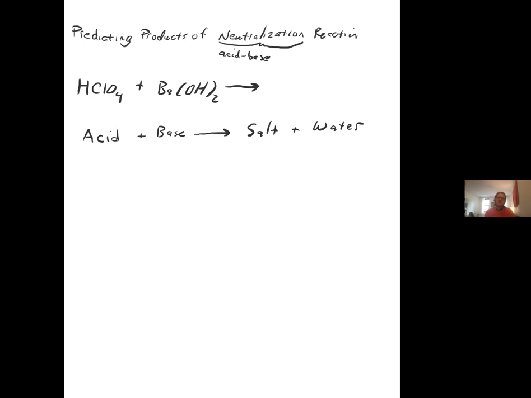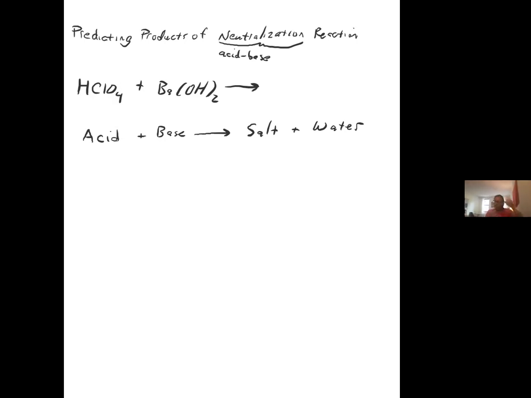Okay, that's a typical format for a neutralization reaction: an acid plus a base gives you a salt plus water. So what we call table salt, sodium chloride, halite, is actually a product of an acid-base reaction, right?